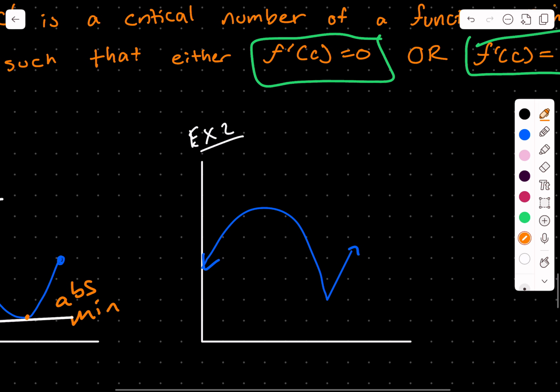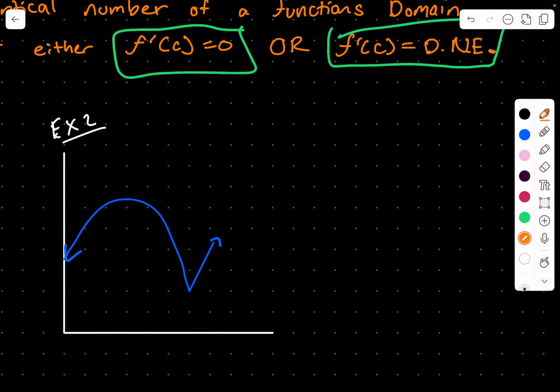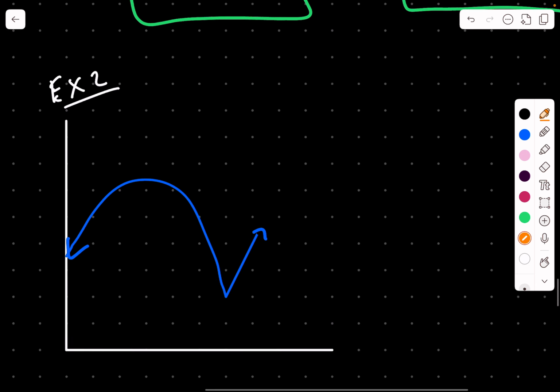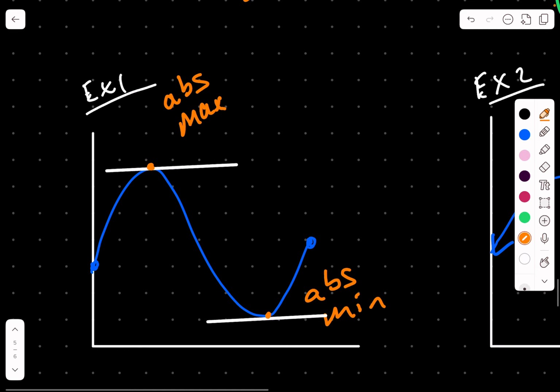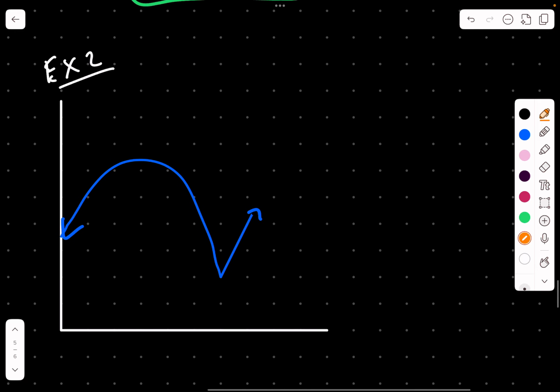Now, what about when f prime does not exist? What does that even mean? Can it still even be a critical point? So let's take a look at this graph. This graph is a continuous graph. We can use our little roller coaster theory, or we can just make a horizontal tangent line.